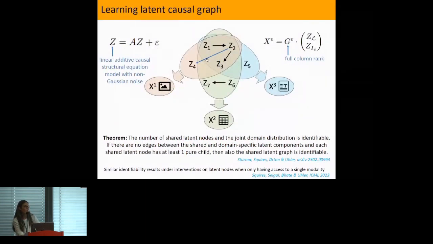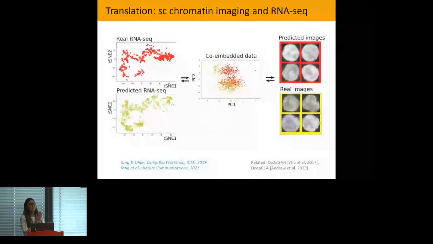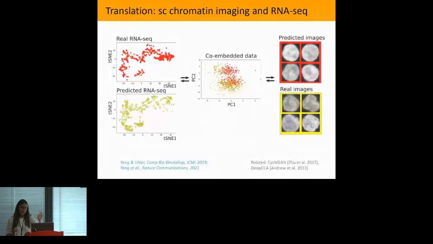As you see here, only some of the features are overlapping between all modalities, and we allow latent features that are only modality specific, because we believe in biology that there will be some features that you can only measure in imaging land or sequencing land, etc. So we have the theory for it. But when we did this work, we assumed a fully shared latent space. But you're completely right.